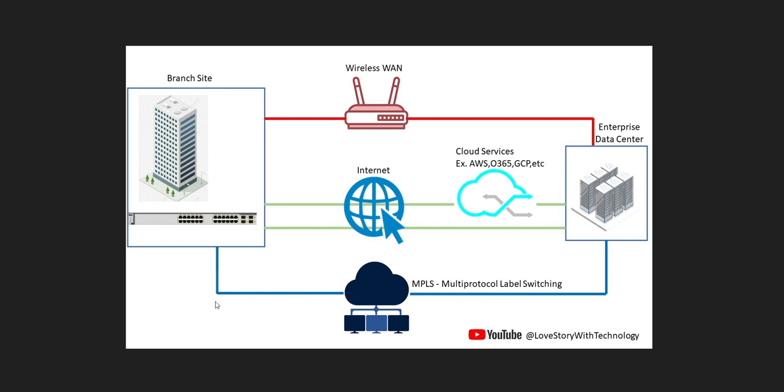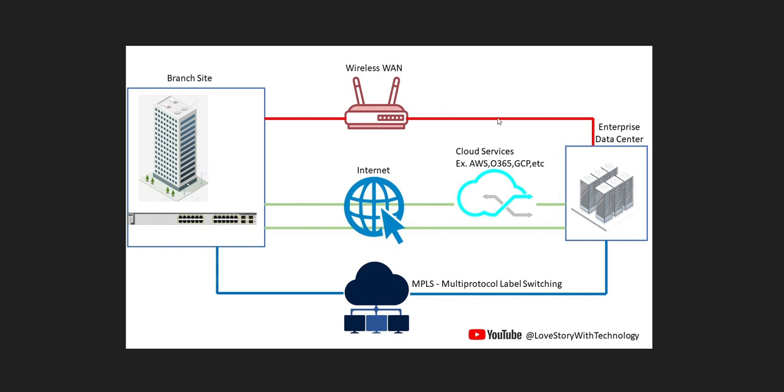You can see the blue line connected to your branch site, and here is to your data center. You can access all these files and folders privately at your branch site using the MPLS. You can use your Office 365, AWS, GCP platform software, like if you are using SharePoint, Exchange, you can access them as well within the same network.